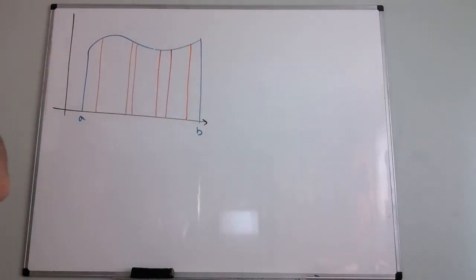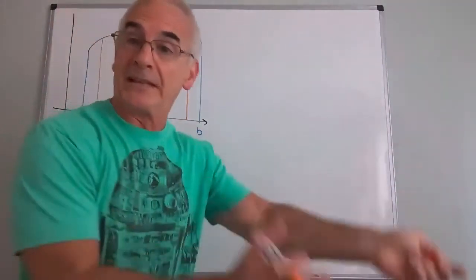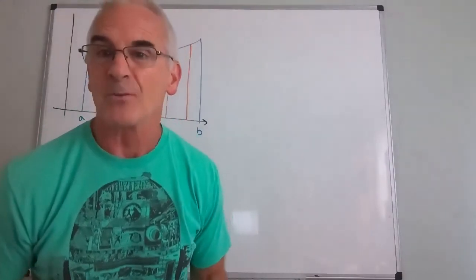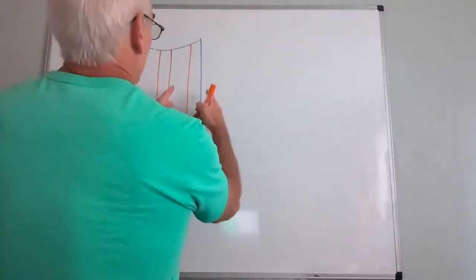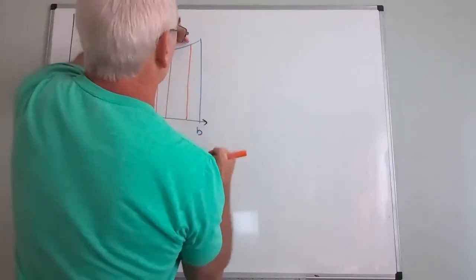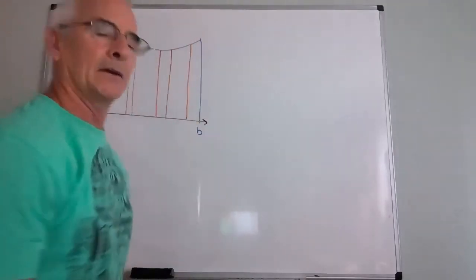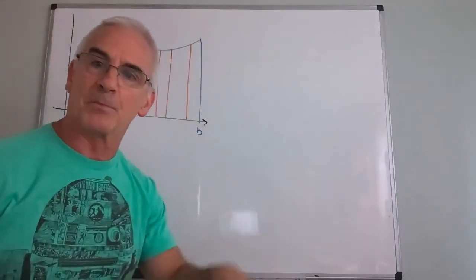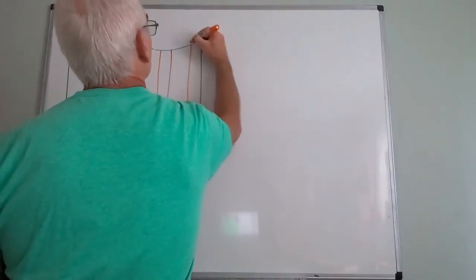Now, before we said we were always going to take the right endpoint, and there's a reason we took the right endpoint. It made it really easy to describe the height. I don't want to take the right endpoint. I want to pick the height for this interval right here. I can pick the left endpoint, the right endpoint, the midpoint, 3/7 of the way. I want you to pick a height that's completely random in the interval. Let's say I pick the height to be right there.